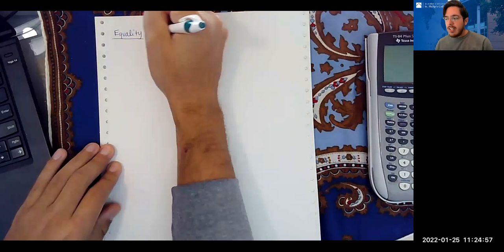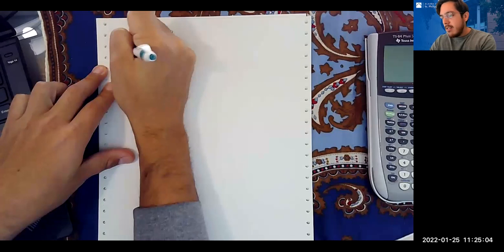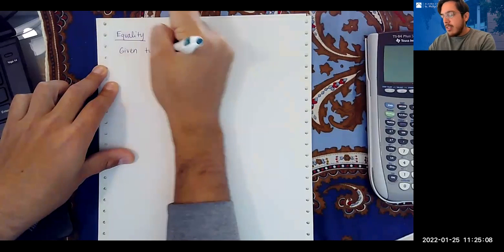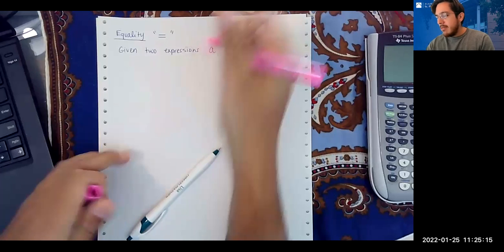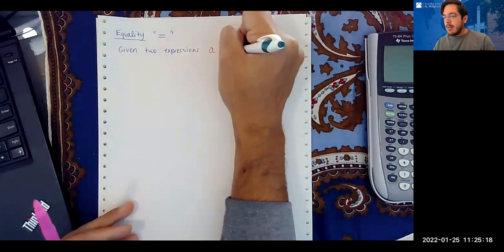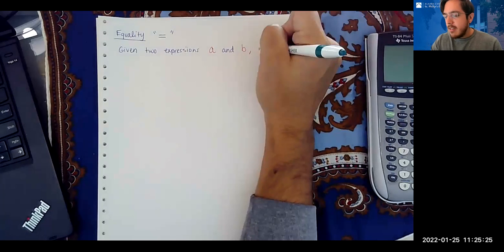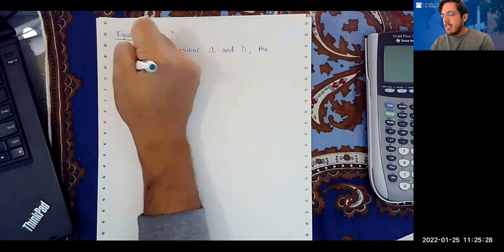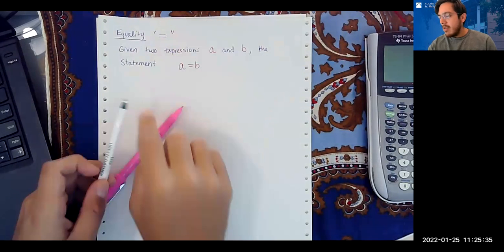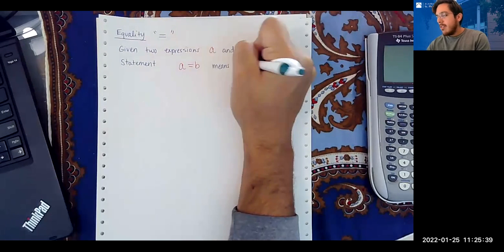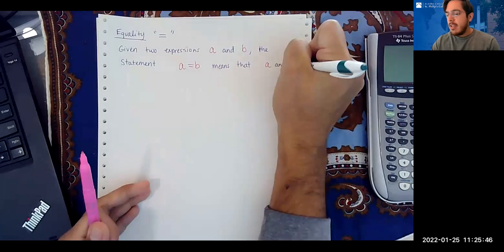Okay, but I want to be very clear about what the equal sign is. So given two numbers or two expressions, so let me put the expressions as letters or variables, A and B. If I wanted to compare them and say that the statement A equals B means that A and B have the same value.